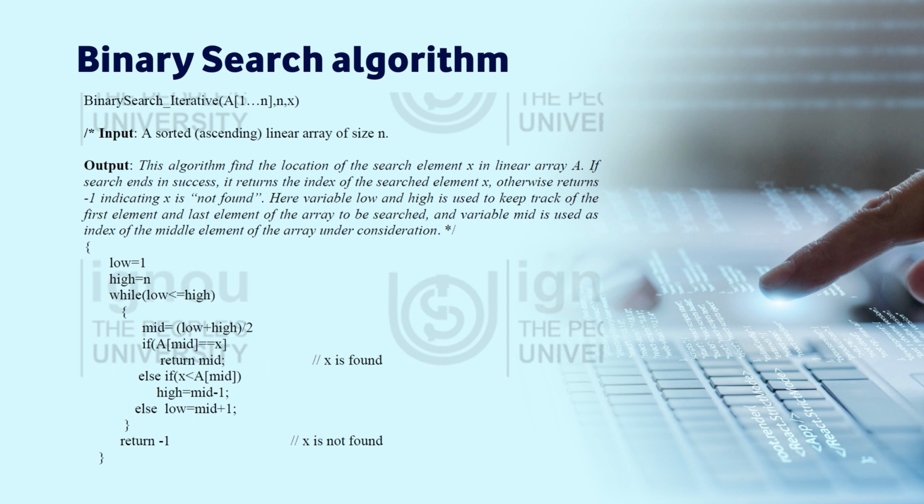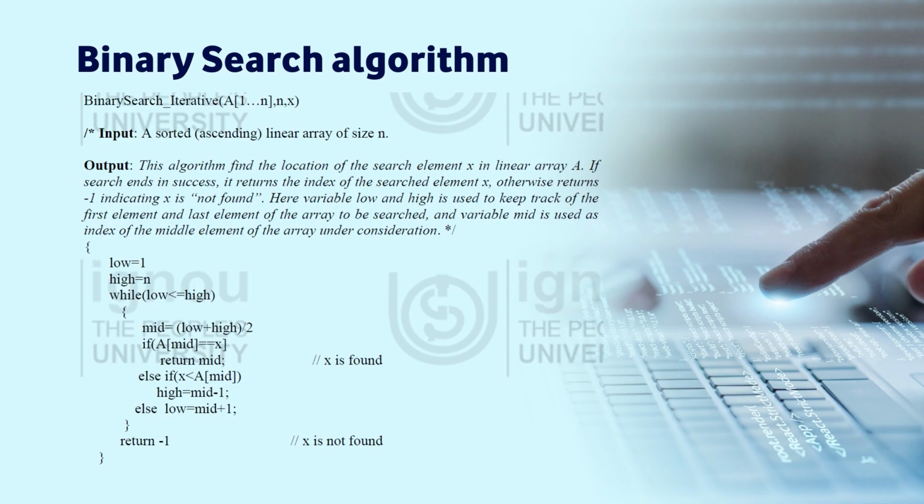The first step is, while low is less than or equal to high, you calculate mid as (low plus high) divided by 2. If you are not able to find your desired element in a sorted array, you go towards the center of the list. This is how the mid is calculated.